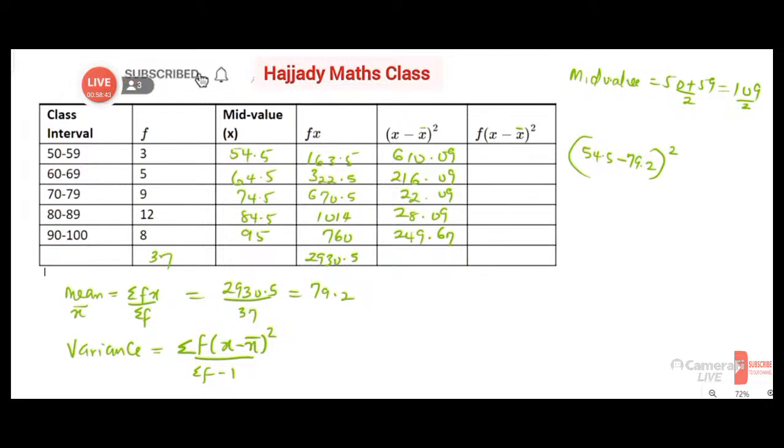Here the first value, using my frequency multiplying it with this, I'm going to have 1830.27. Here I'm going to have 1080.45.